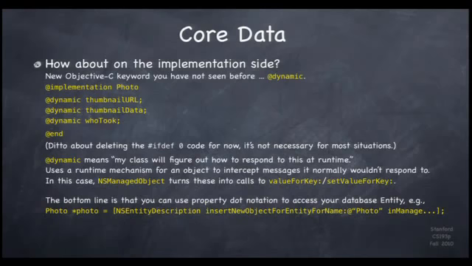So what it lets you do in the end, though, is to use dot notation to access the properties of your photo object. So here, for example, I'm creating a photo object using insertNewObjectForEntityForName, which we talked about last time, in the managed context. And so that creates me a photo object, and I want to set the attributes of it or get the attributes of it. So here I say NSString myThumbnail equals photo.thumbnailURL.